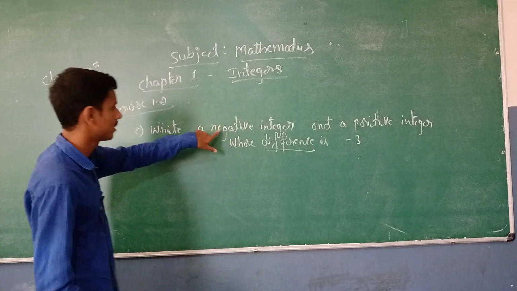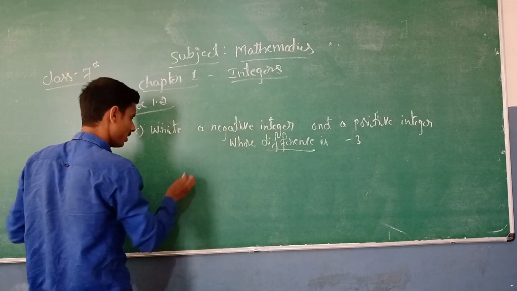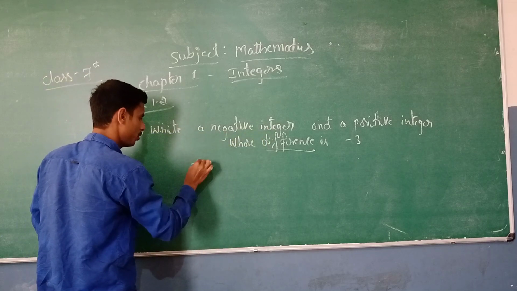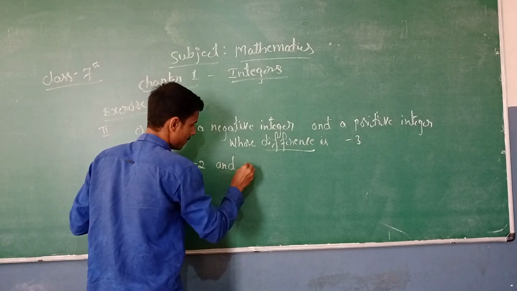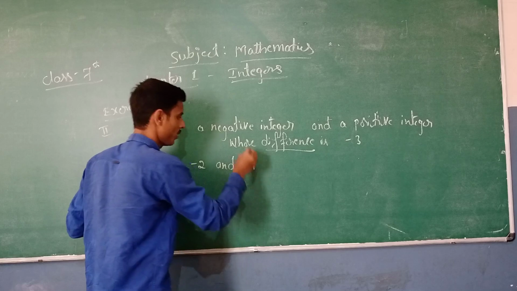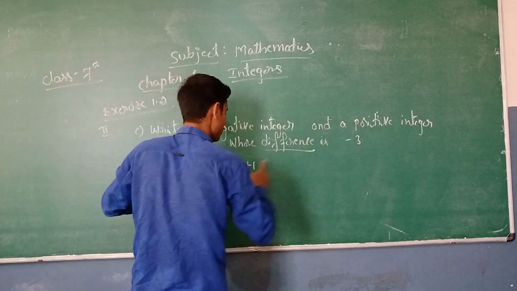So, negative integer -2. Can we write -2 and +1? One is negative integer, another one is positive integer.